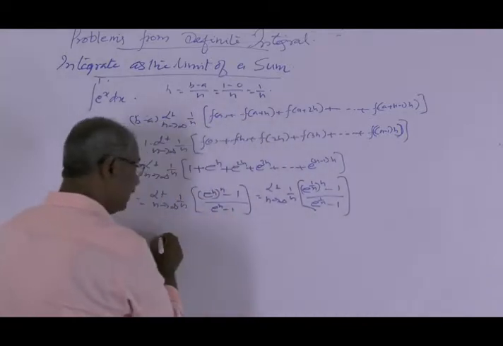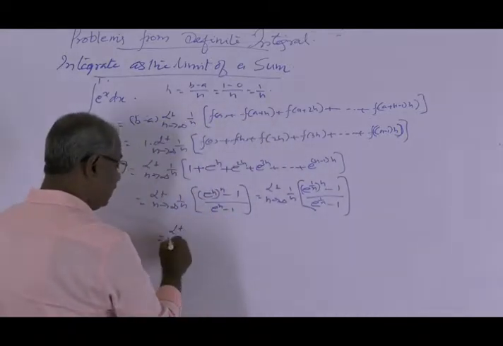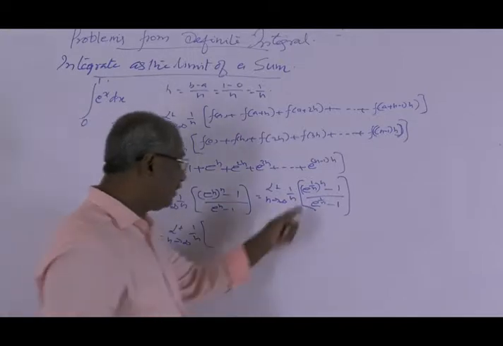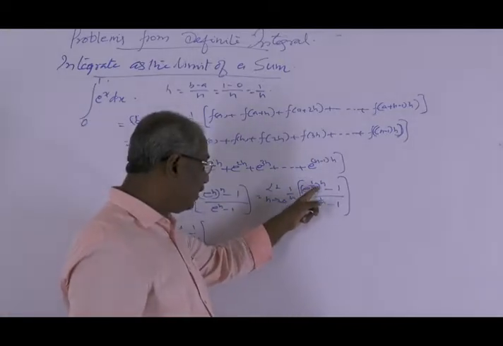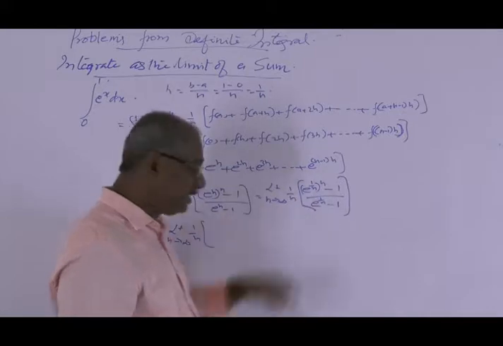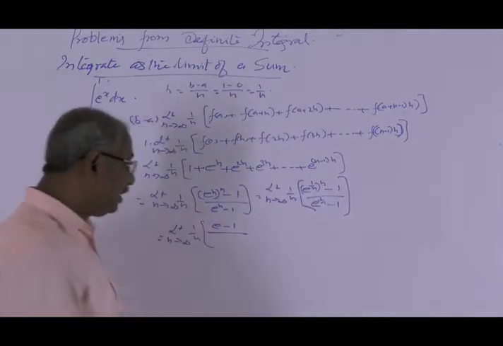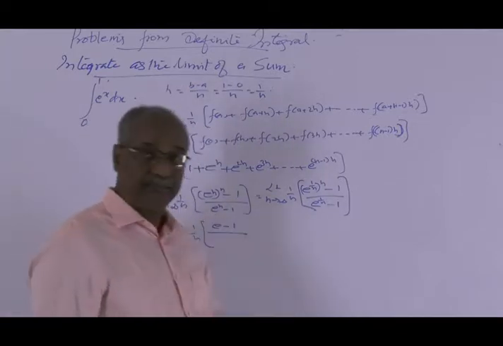And this is again equal to limit n tends to infinity 1 by n into: e raised to 1 by n whole raised to n is e raised to 1, which is e. So the numerator is e minus 1, divided by e raised to 1 by n minus 1.